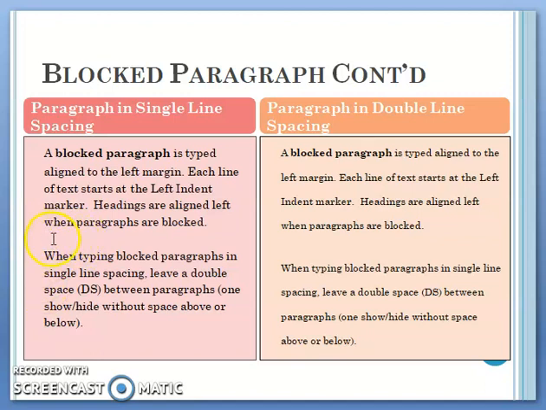Alright, and you can see my cursor, it acts as one show hide. So that's a double space between paragraphs when we're typing in single line spacing. And to the right, I have a double space document. Alright, so I have two paragraphs in double line spacing, but between them, I have a triple space.